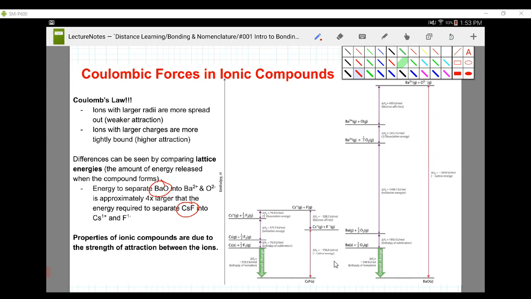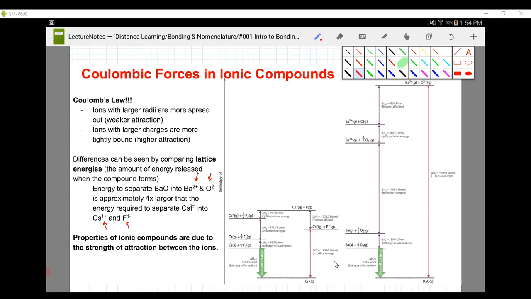We're comparing barium to cesium in terms of the cations, and both of those have the same number of energy levels. The difference is that barium loses 2 electrons to make a 2+ ion, whereas cesium loses 1 electron to make a 1+ ion. For the anion, we have oxygen and fluorine, which have equal numbers of energy levels as each other, but one's a 2- charge and one's a 1- charge.